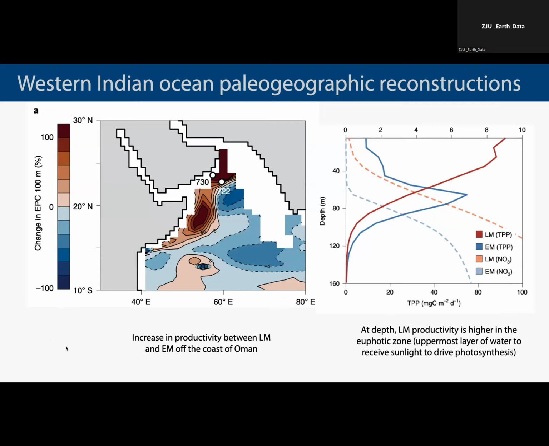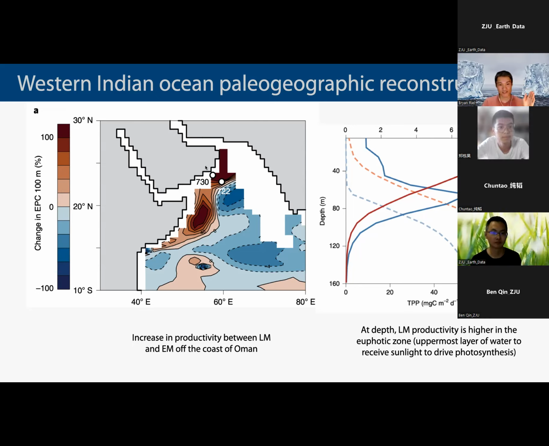Over in the Western Indian Ocean, they had an offline ocean biogeochemistry component that is hooked on to these Earth system models, and so they're able to simulate the change in the primary production. If you recall, primary production is just the output of photosynthesis by algae in the oceans.